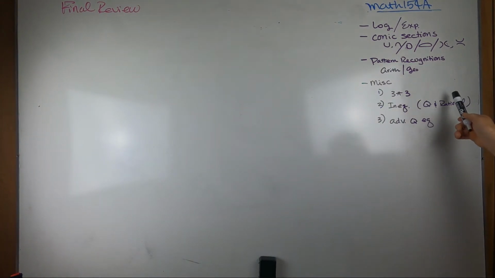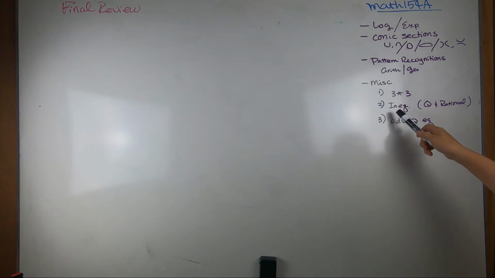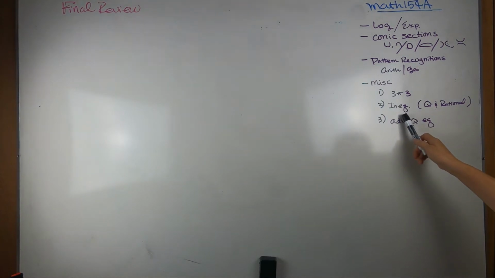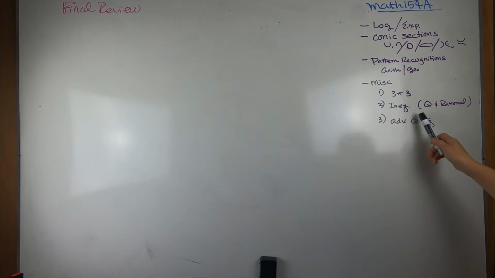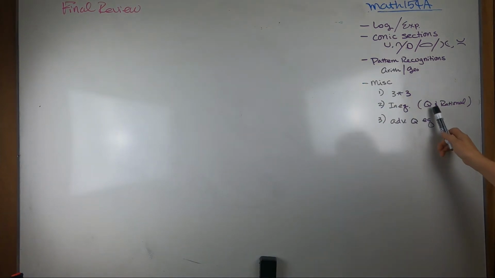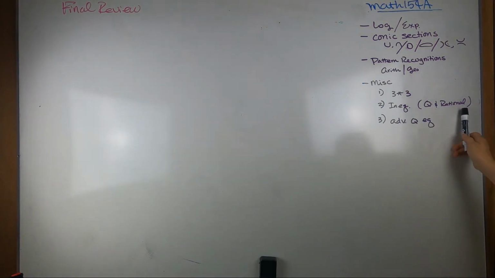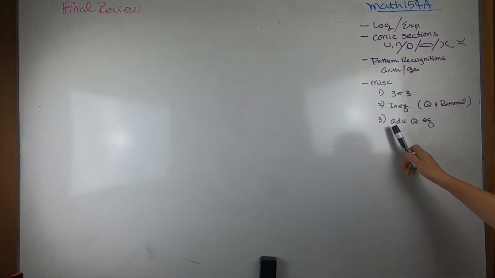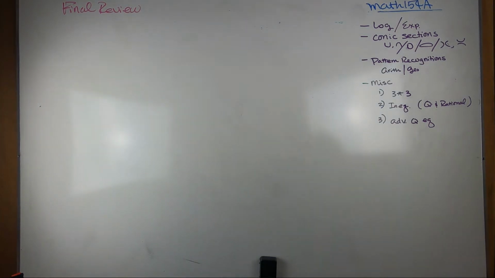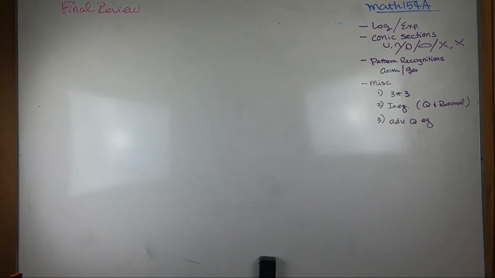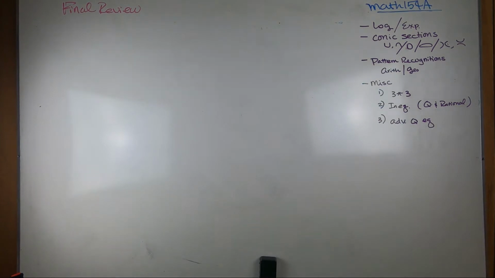System of equations and some solving inequalities, which includes what? Quadratic inequalities and rational inequalities. We also learned what? Some advanced quadratic equations. That will be on your final.